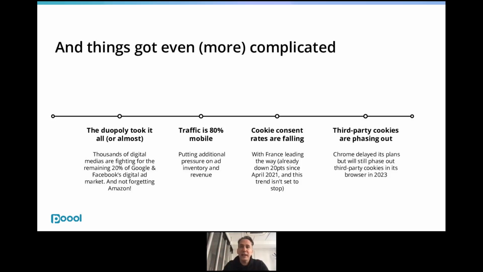Also, 80% of traffic is on mobile, and we know that it's harder for most folks to monetize mobile inventory. There are solutions out there, of course, and some of them are in this event, but most of the traffic is going mobile, and it's harder and harder to monetize.